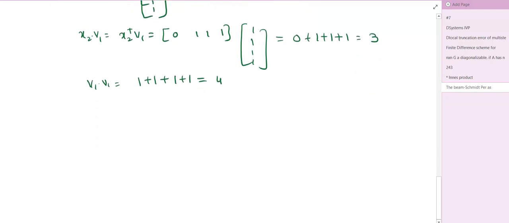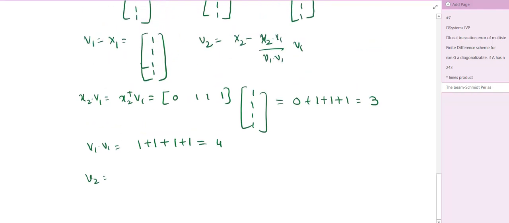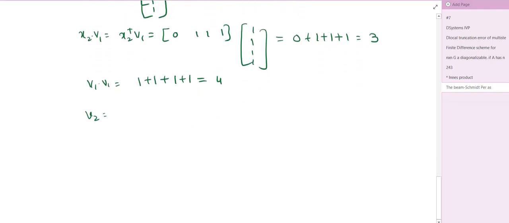Now v2 will be equal to, just substituting the values, x2, which is 0, 1, 1, 1, minus 3 by 4 into v1, where 3 by 4 is x2 dot v1 upon v1 dot v1.